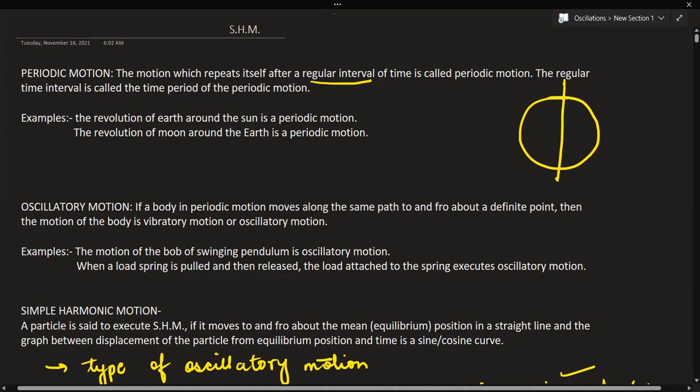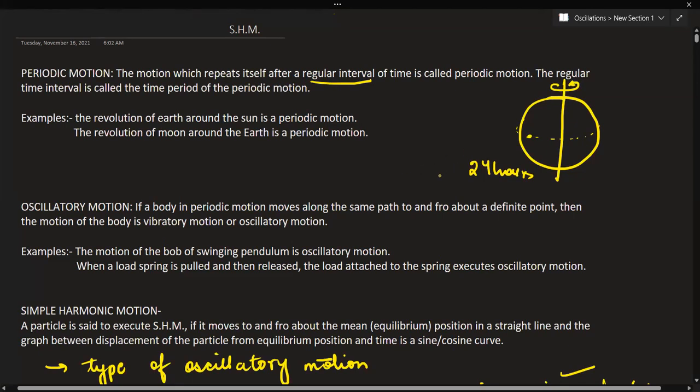If the Earth rotates on this axis, starting from this point, after the completion of 24 hours it reaches this point again. Then we say this 24 hours is the time period of the periodic motion.